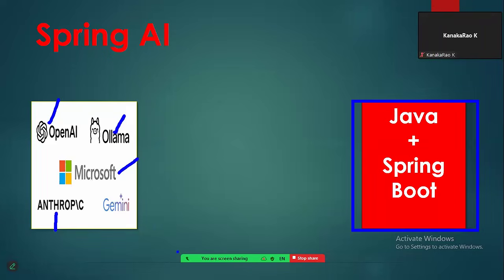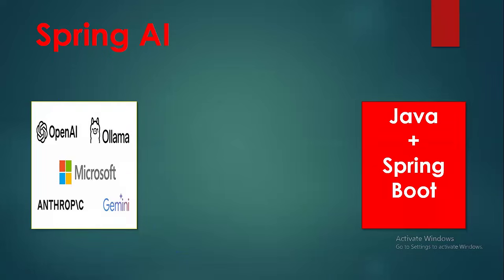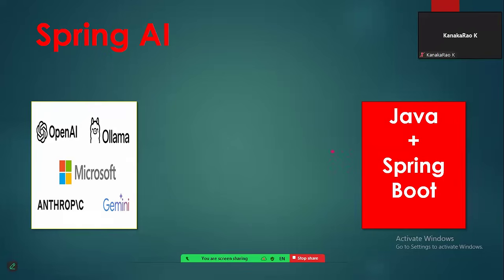Now, mostly in your mind, you think: I can call this provider's API from my Spring Boot application. I can call the OpenAI API, and maybe tomorrow you are going to call the Ollama or Anthropic API.